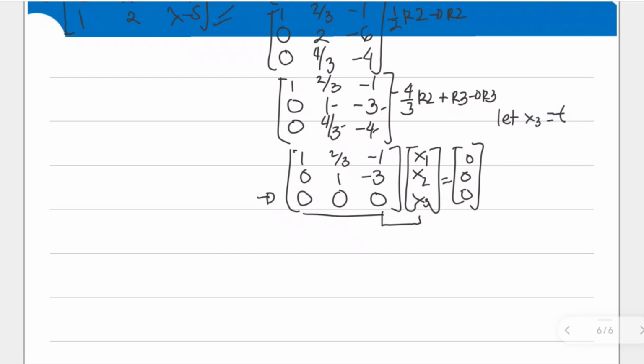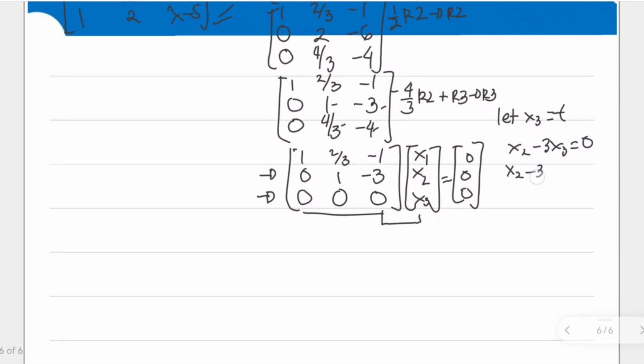Okay? With that, we can now use that for our second equation. You have x sub 2 minus 3x sub 3 is equal to 0. X sub 2 minus 3t is equal to 0. X sub 2 is positive 3t. And with that, on our first, you will have x sub 1 plus 2/3 x sub 2 minus x sub 3 equals 0.